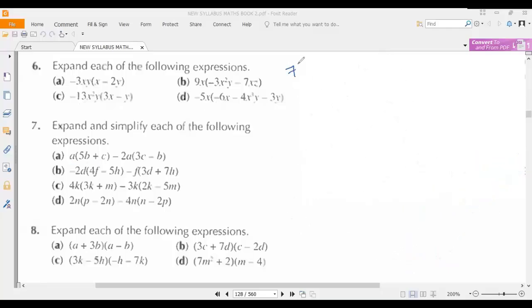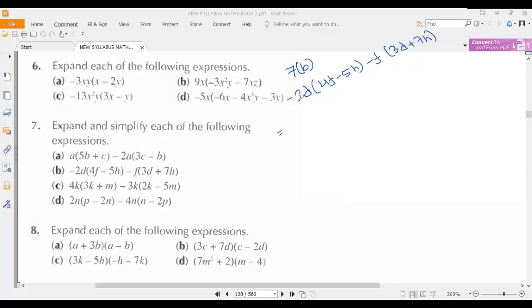Then 7b says minus 2d into 4f minus 5h, minus f into 3d plus 7h.